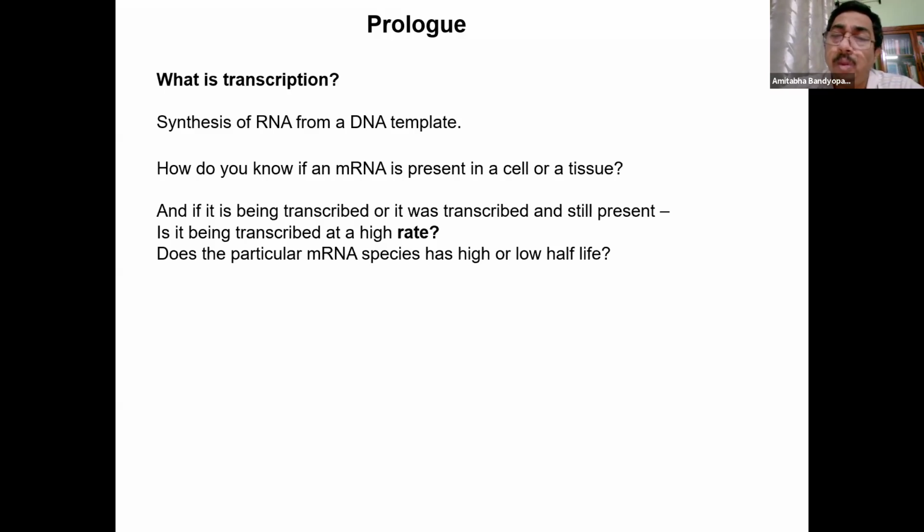How would you know that if an RNA is present in the cell, it is actually being transcribed right now, or it was transcribed and still present? Half-life is long, so it is still present. So for that, you need to look at the actual nucleus, where in eukaryotes the transcription happens. So it is called nuclear runoff transcription. That it is actually happening in the nucleus.